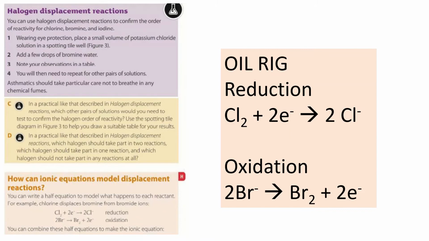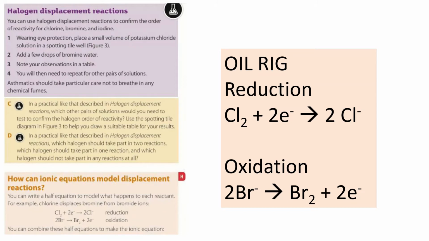So the Cl2 is a diatomic chlorine, and once it has gained electrons, the 2 chlorines, because they're already joined together, become 2 separate chloride ions. For oxidation, because on the left hand side you've got 2 Br-, it is already an ion. So because it's already an ion, it's either lost or gained.